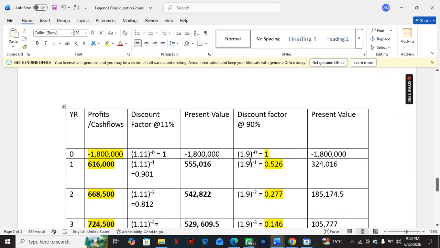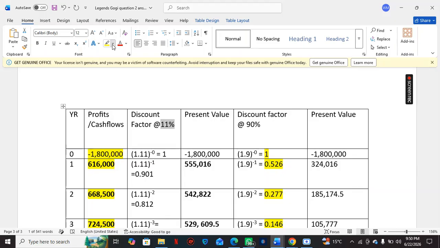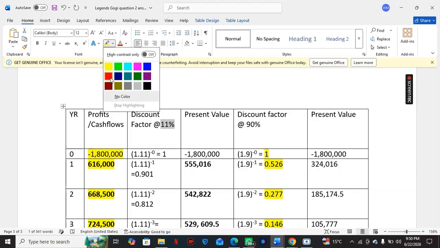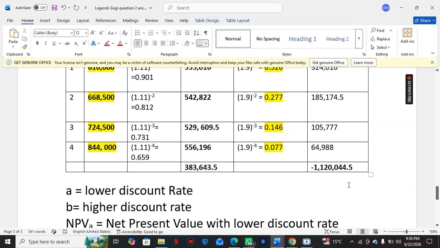Just remember, you only need four figures: these rates here and these net present values here.